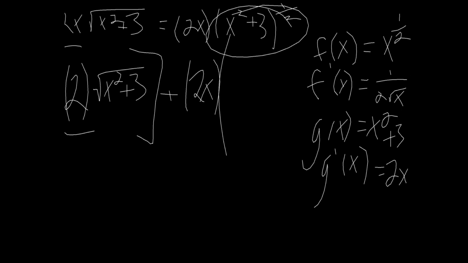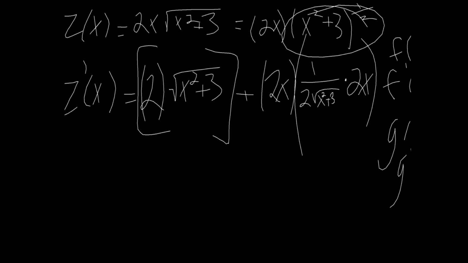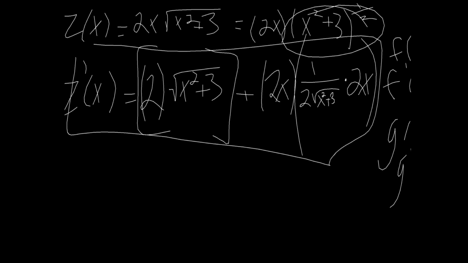We see the derivative of f of x, our outer function, is going to be 1 over 2 root, and then what was inside, x squared plus 3, all times the derivative of our inside function, so 2x.